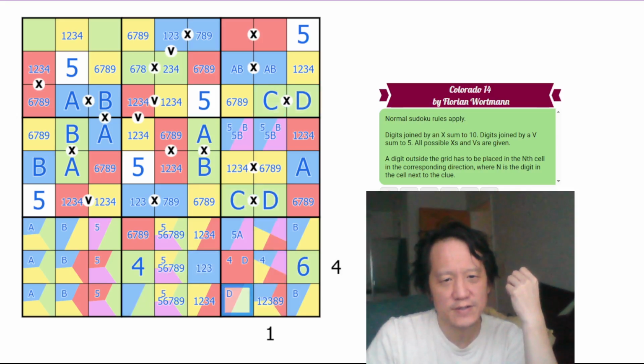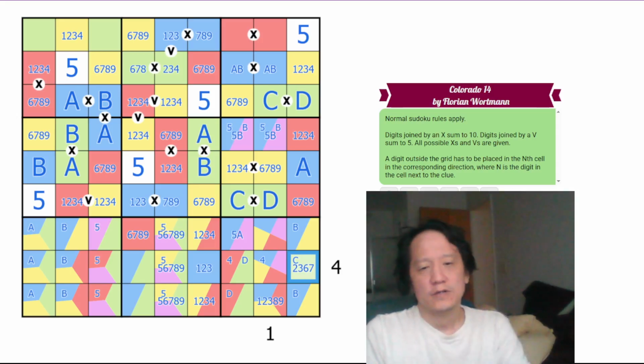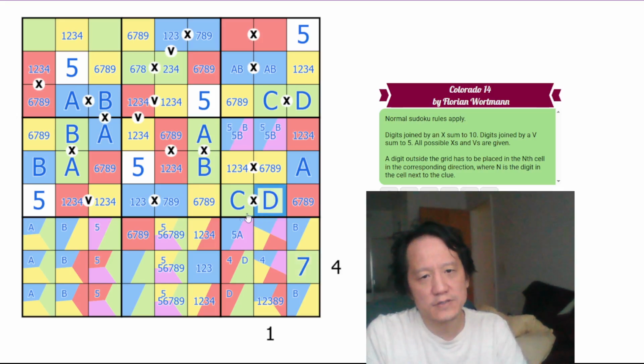So, what happens if it's 7? That means this must be 3. This is 7. Actually, what happens if this is not a high digit?